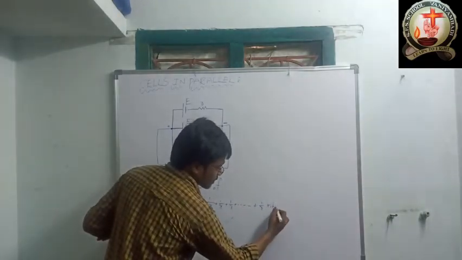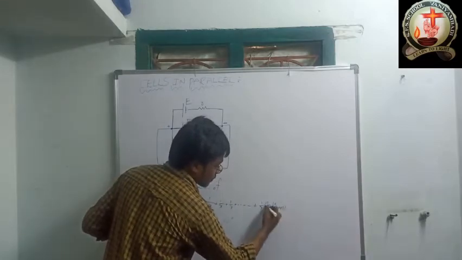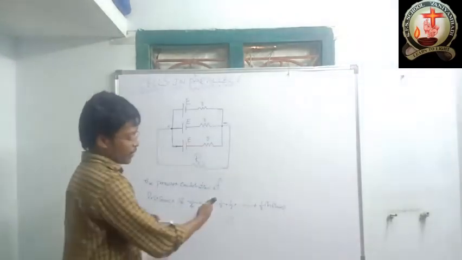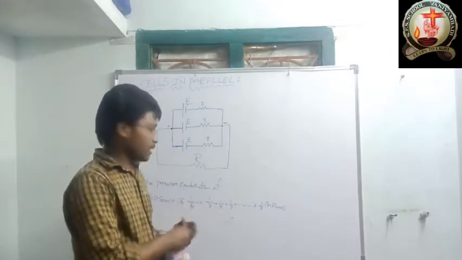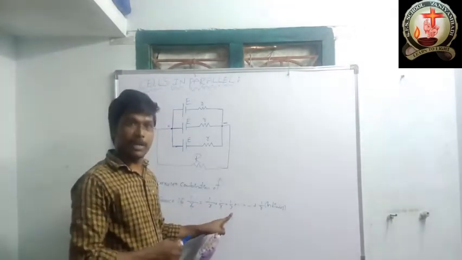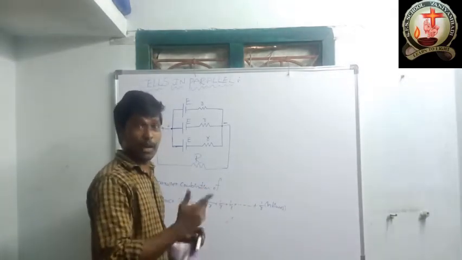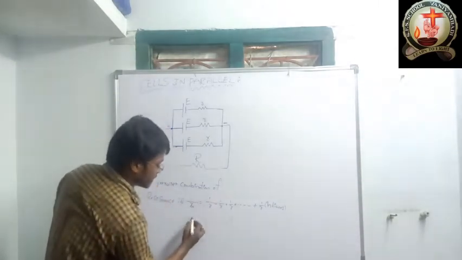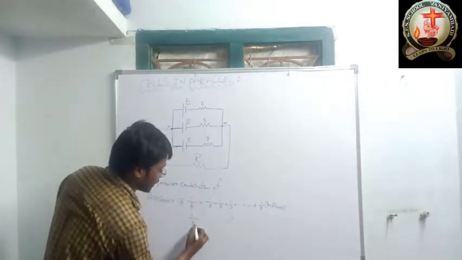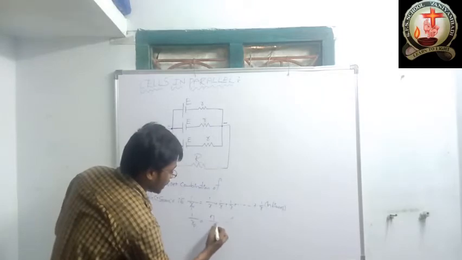N times. So 1 by R plus 1 by R is 2 by R, 2 by R plus 1 by R is 3 by R, like that. N times means N by R. So 1 by Rp is equal to N by R.